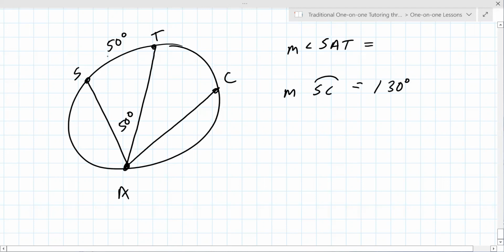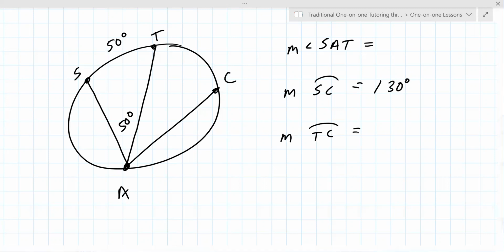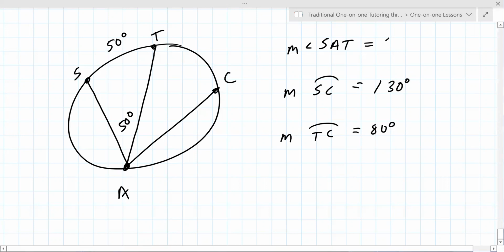Then can you now tell me the measure of arc TC? I guess it would have to be 80. Yes. Very good. So this is 80 degrees. So what is the measure of angle TAC? That would also be 80 degrees.